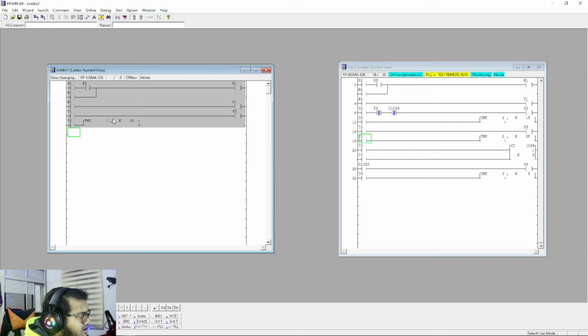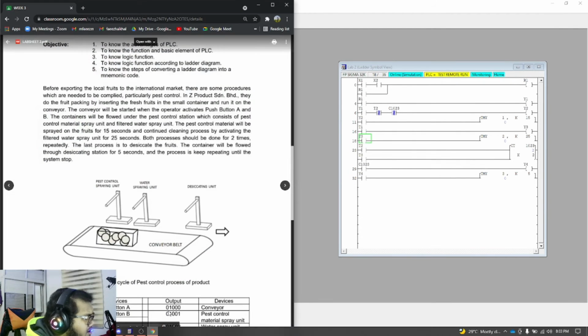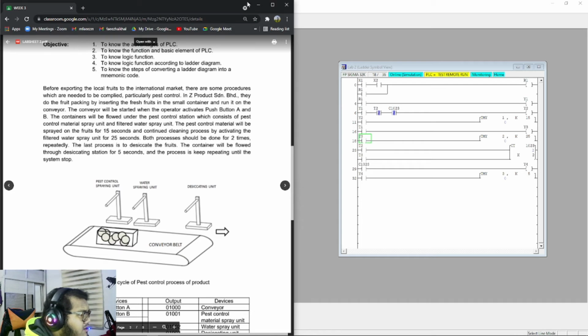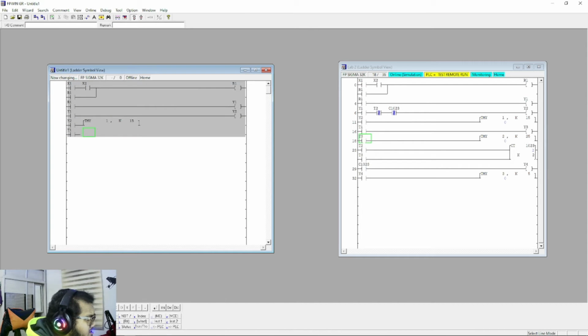After Y2 and going through the timer of 15 seconds, when it reaches 0, we put the input T1 as timer number 1. We activate Y3, which is the water spray unit, so we output Y3.